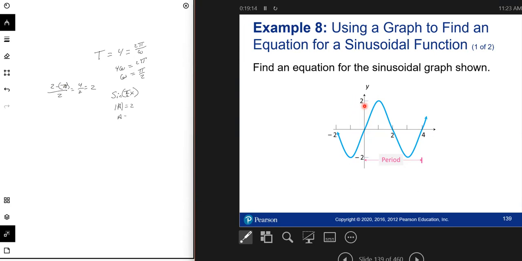So now we want to determine, is it going to be a +2 or -2 for A? So I can determine what I multiply the sine by. Well, at this point, it should be at 1, but it went up to 2, so A is going to be positive. So it's +2 sine pi halves x.